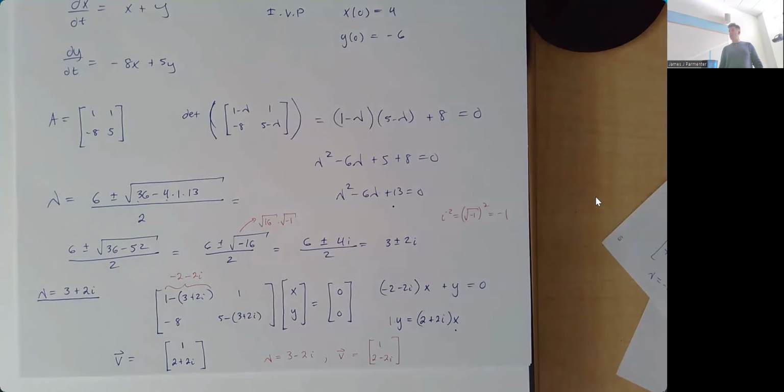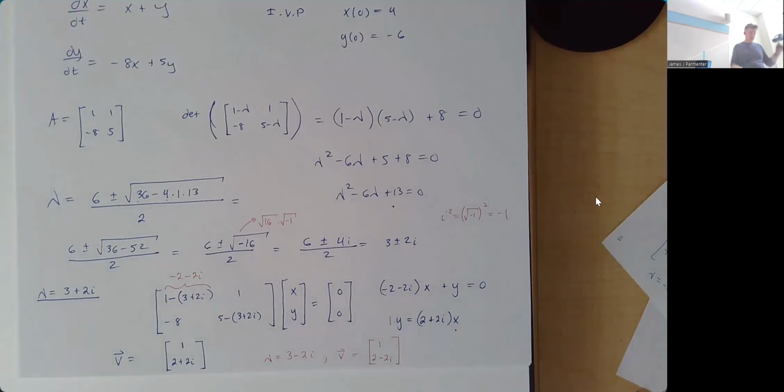You literally are just changing all the imaginary parts to the opposite sign. Then this is where I would have to go look at the formula, because you should never memorize the terrible formula we're about to use. Questions before we move on to the next part?